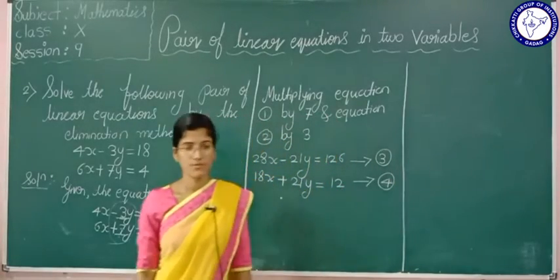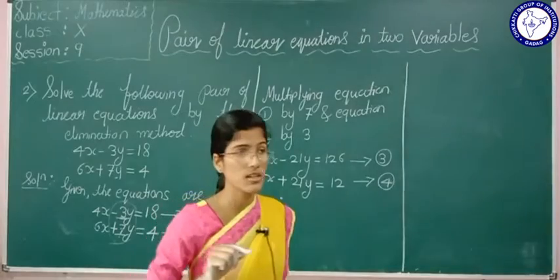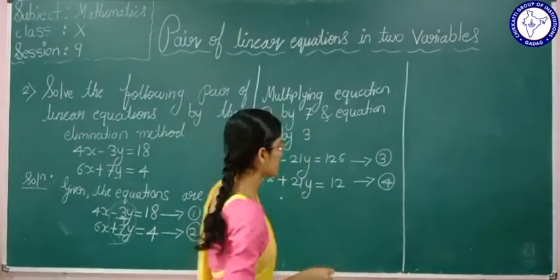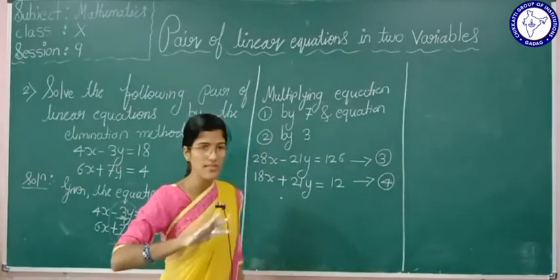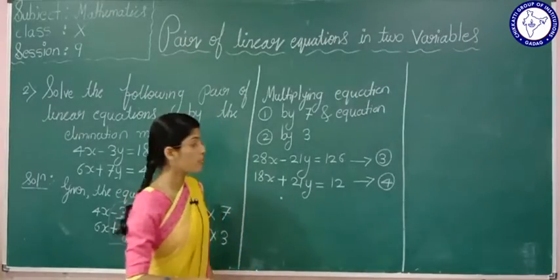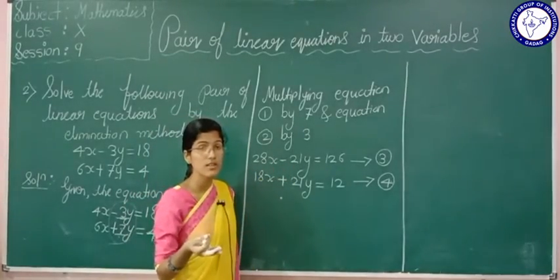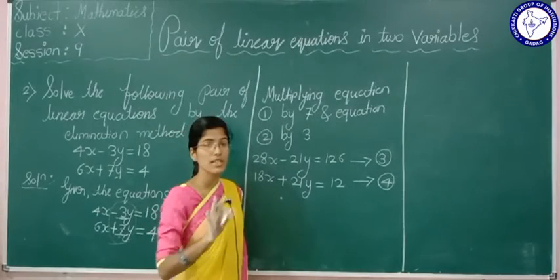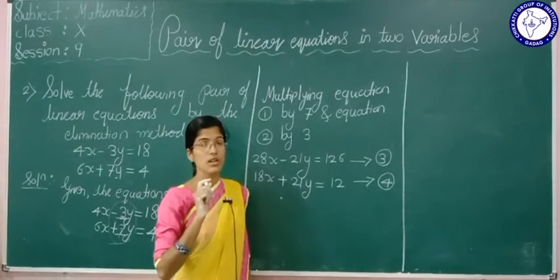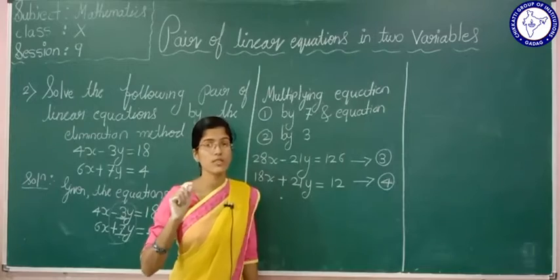Now we have to check whether if we add these two equations it will cancel, or if we subtract these two equations we can eliminate y. Your keen observation should be there.